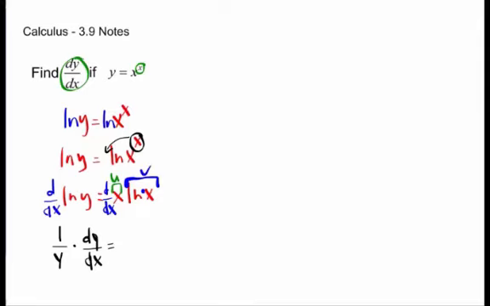And so when you chain that out, the derivative of the first, which is 1, times the second, which is the natural log of x, plus the first times the derivative of the second, which is 1 over x.